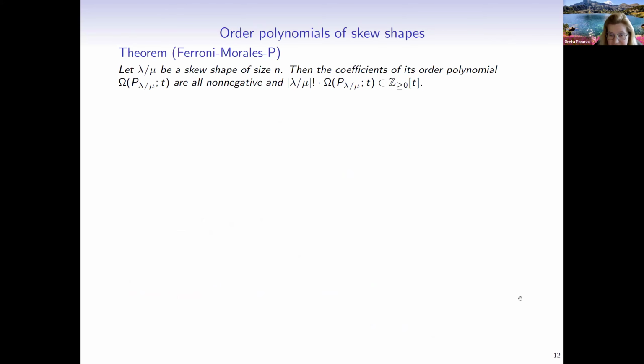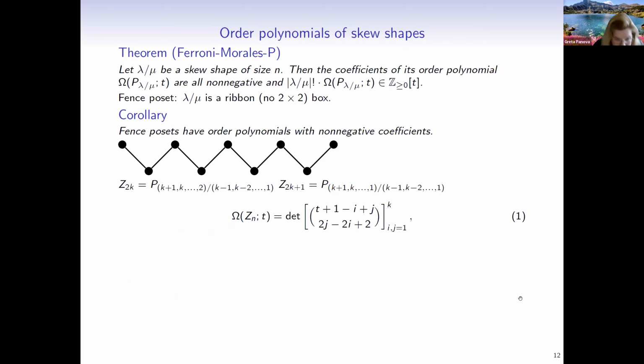So this, together with the main theorem, gives us that the order polynomials of skew shapes are positive. You can apply this for various special types of posets. For example, the zigzag fence, which just looks like this. Kreweras' formula gives you this determinant.